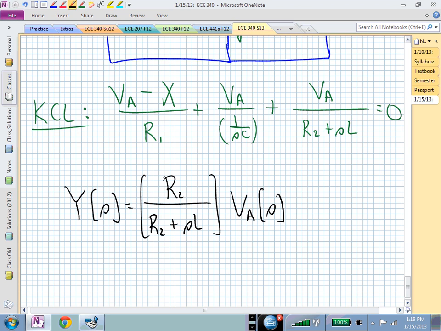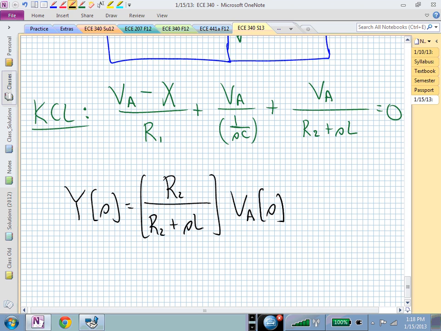But let me collect that. Let's just see if that works. We already have the answer in the back of the book, don't we? We just derived it the brute force way. We had our calculator. So we have 1 over S squared plus 2S plus 2. That's the answer in the back. Now we want to check, doing it another way. We're saying, do I really believe this transfer function?